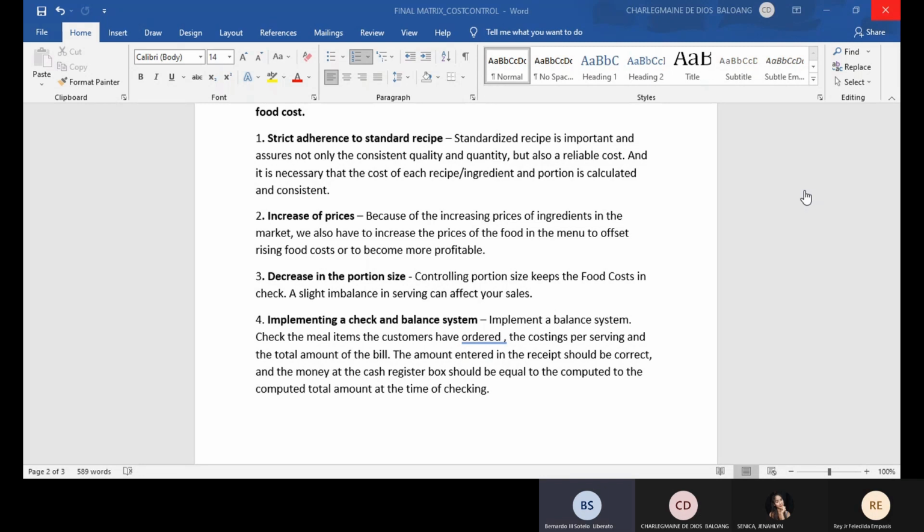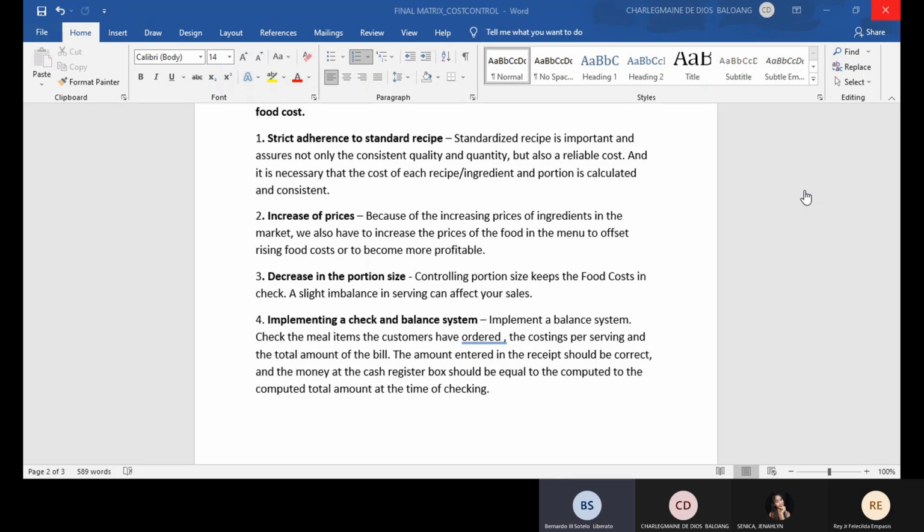In the check and balance system, the items the customer has ordered, the costing per serving, and the total amount of the billing, the amount entered in the recipe sheet must be equal to the money in the cash register box.